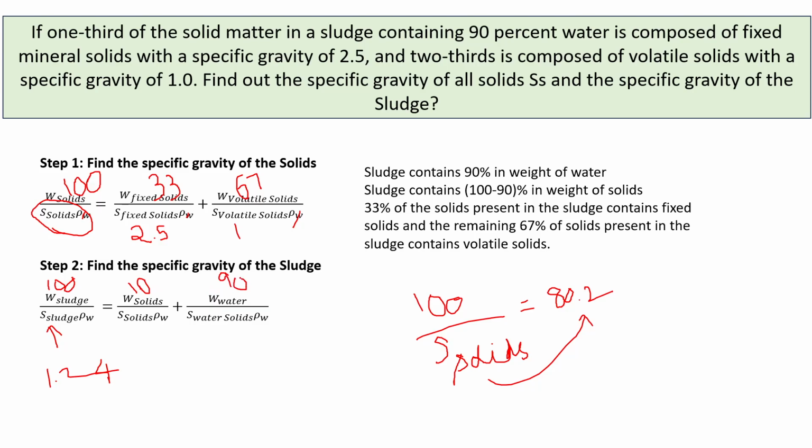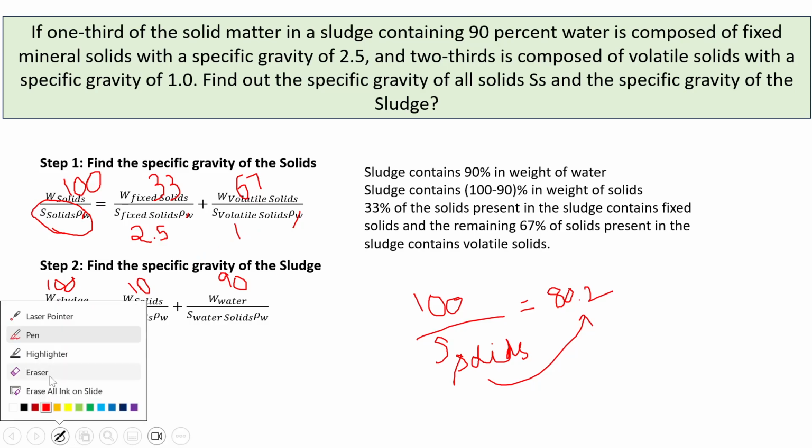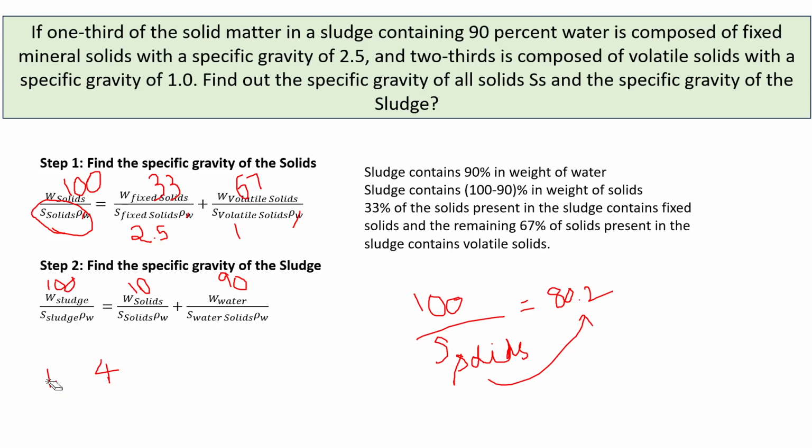Now solids density, what is given? That you have to find out. Sorry. Solid specific gravity we have found out from the previous step. It is 1.24.